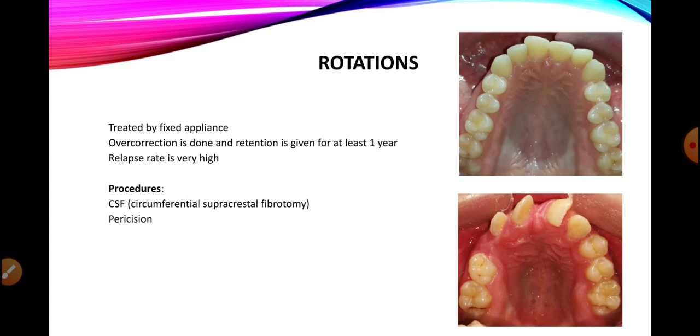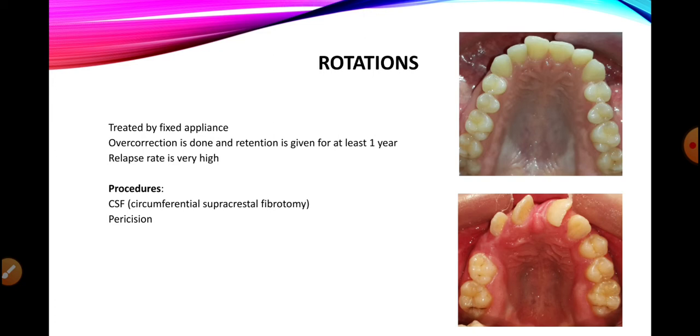In circumferential supracrestal fibrotomy, what we do in CSF is that an incision with a scalpel is given within the pocket, circumferentially, all around the tooth, and the circular fibers are cut so that they lose the memory for relapse.